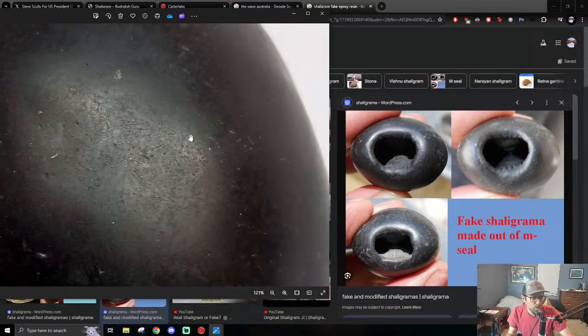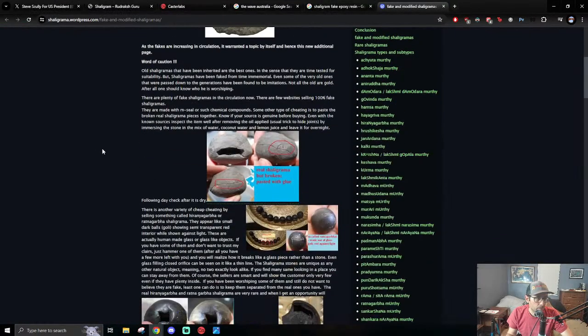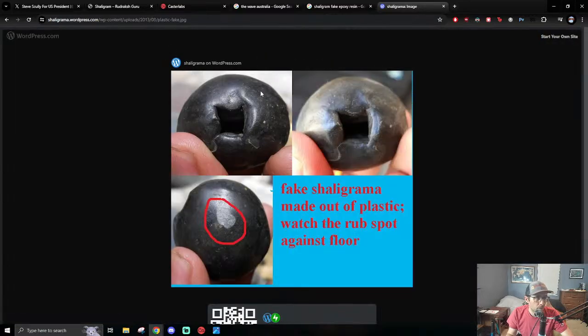I don't know if the ways fake Shaligrams are made would have the same bubbly look. It kind of looks possible, assuming these are fake, made out of plastic.